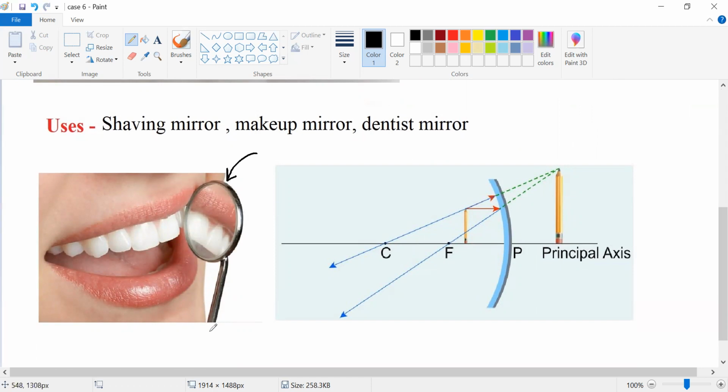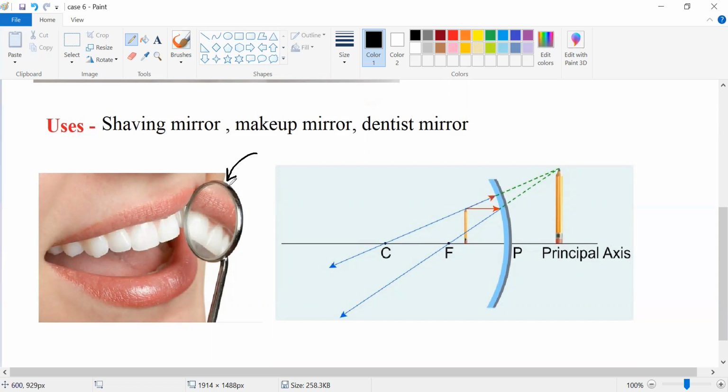He inserts this kind of a mirror in your mouth and he observes where exactly is the infection happened. Right? और जब डेंटिस्ट इस तरीके के मिरर में आपके छोटे छोटे दांत देखता है तो आपके दांत enlarged दिखाई देते हैं, बड़े दिखाई देते हैं. Why? So that the dentist can easily examine your tooth and exactly find what is the decay.